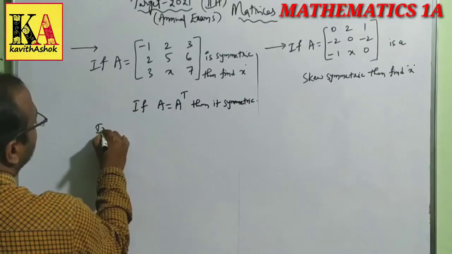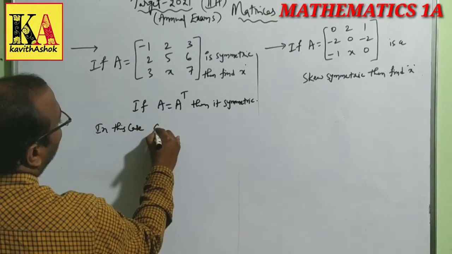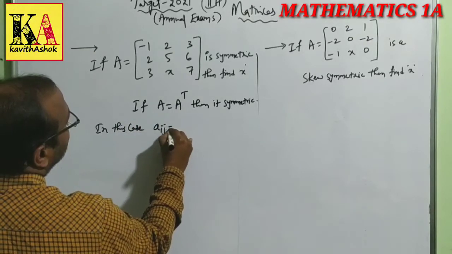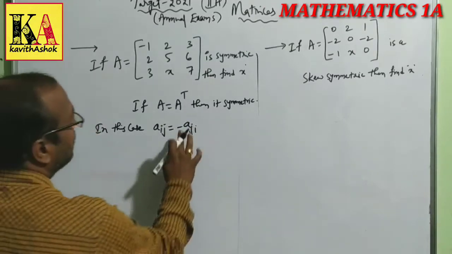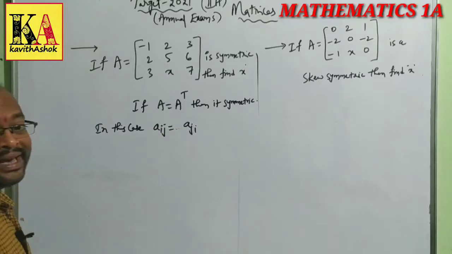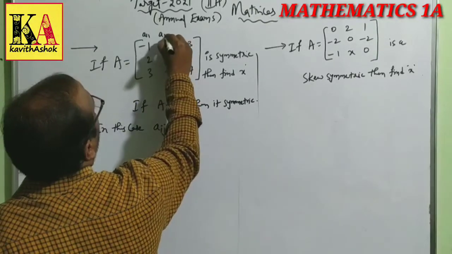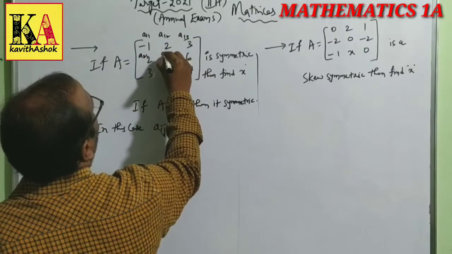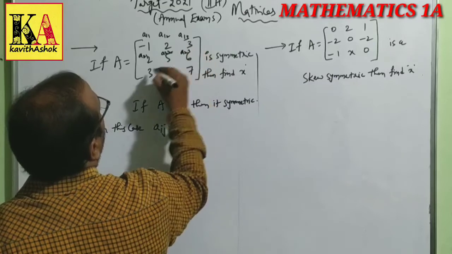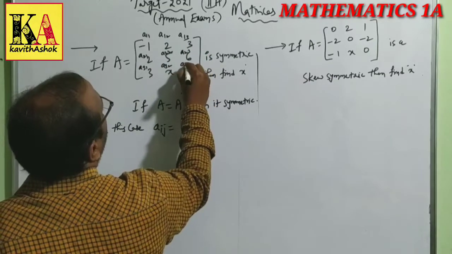In this case, Aij is equal to Aji. Sorry, I said minus Aji, but Aij is equal to Aji. This is A11, A12, A13. This is A21, A22, A23, and this is A31, A32, and A33.